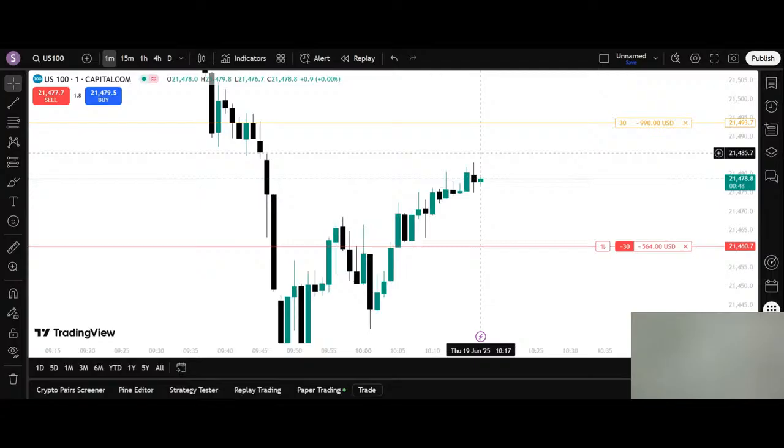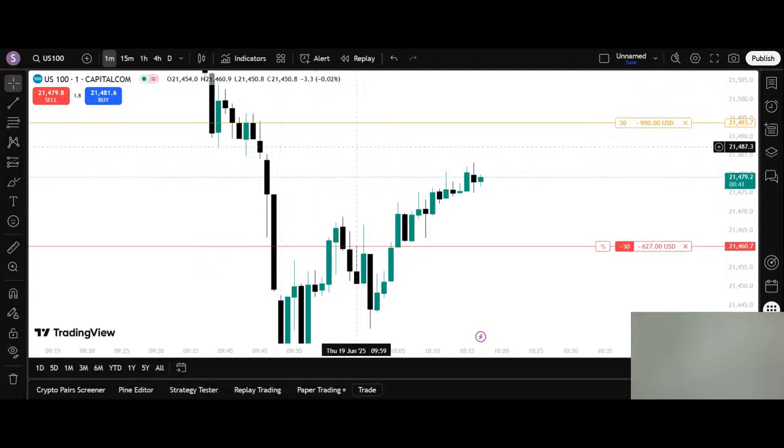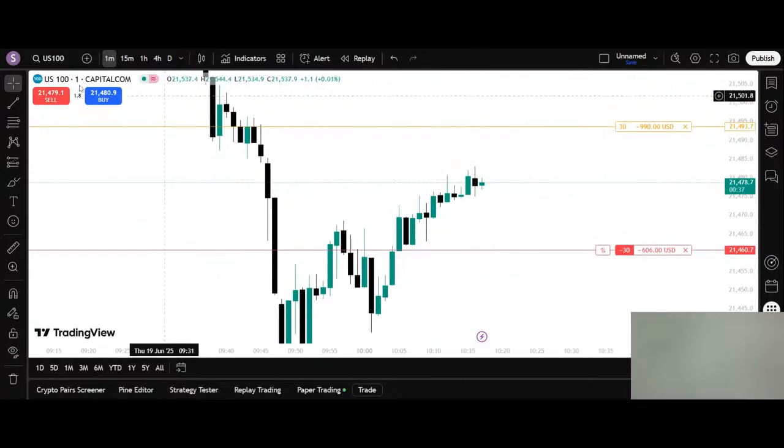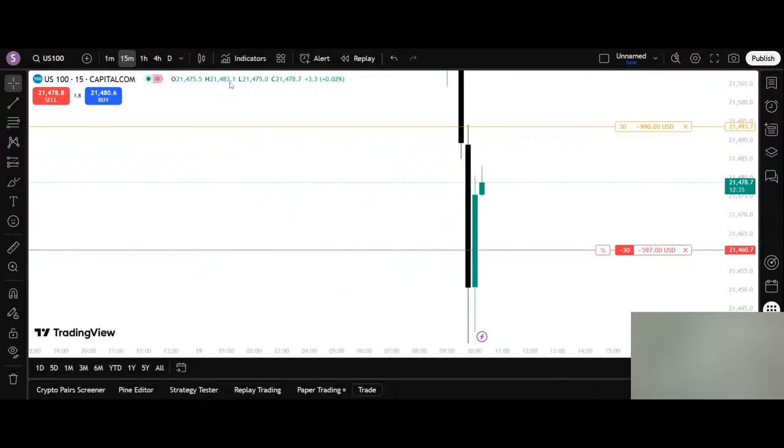It has filled this FVG completely. To the lower end, there is also a gap there. It might want to hit there. Still, I'm gonna wait.